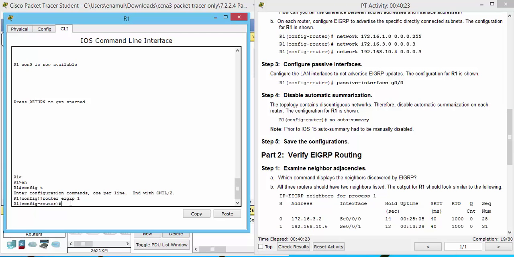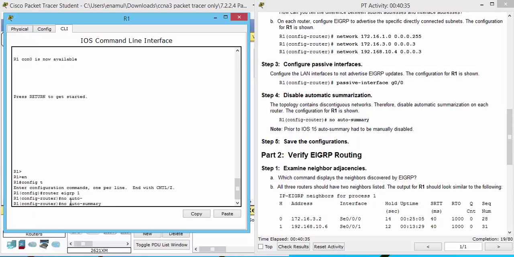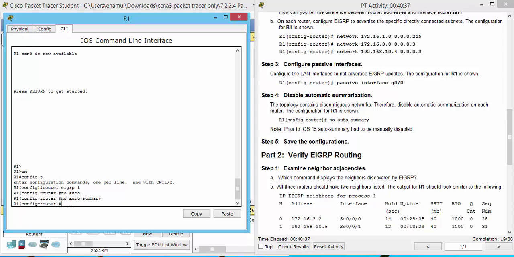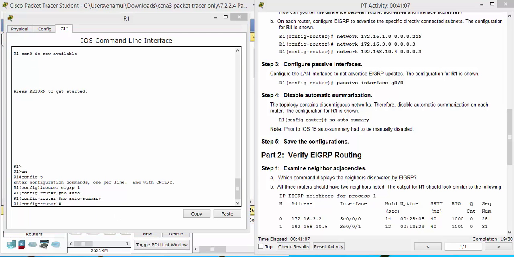So we don't want that in this network. We disable auto summarization using no auto-summary, with tab completion. This disables the auto summarization. Auto summarization helps reduce the size of routing tables, but we don't need that at this point.